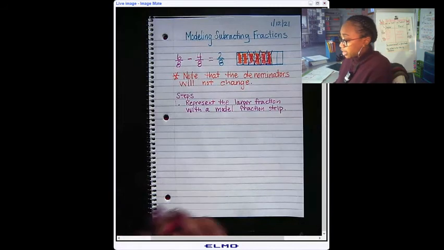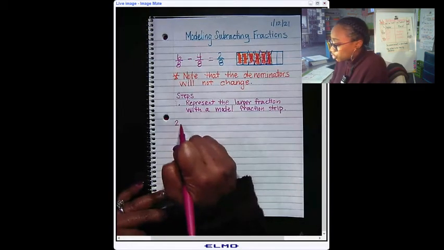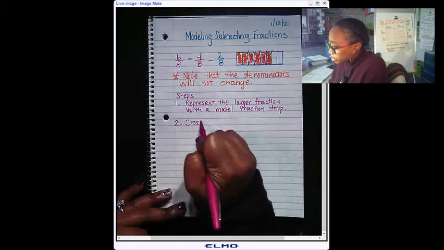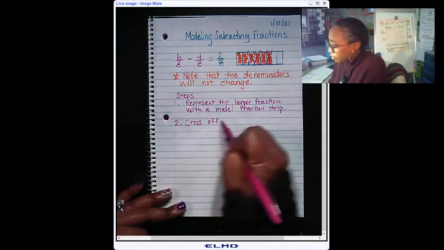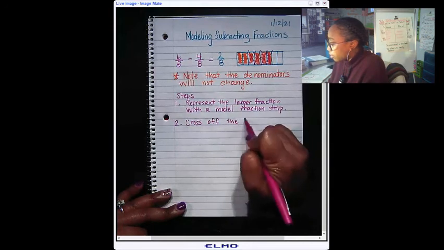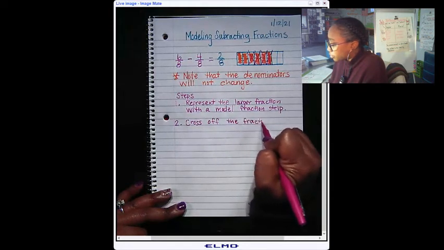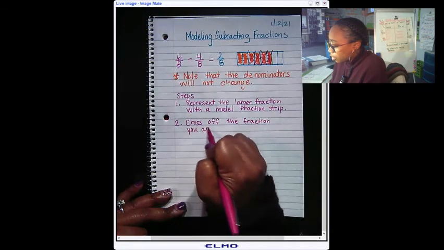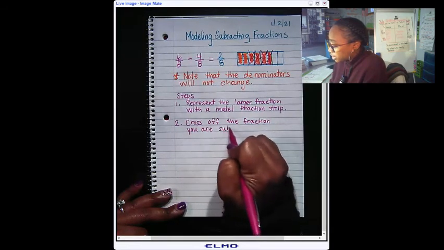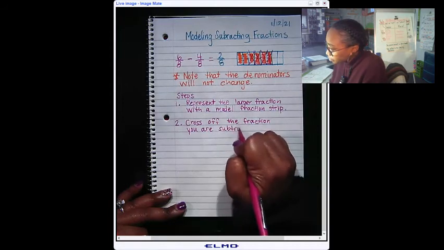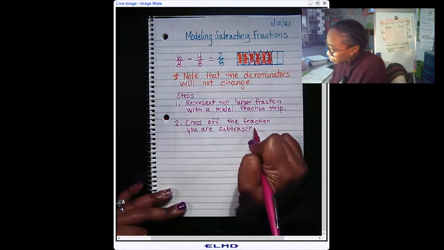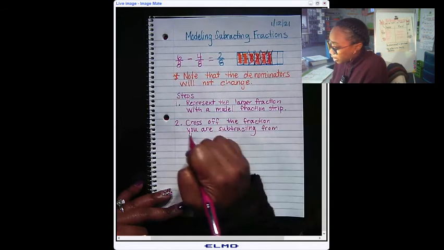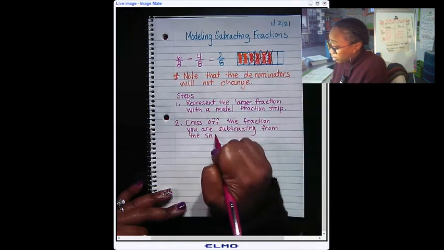Okay, then my step 2 is to cross off the fraction you are subtracting from the shaded part.